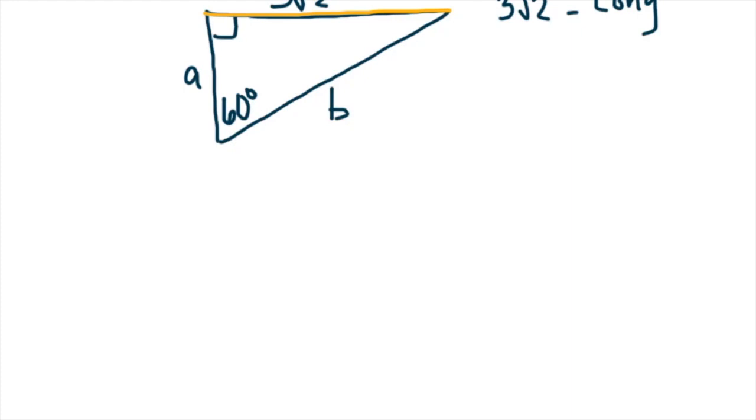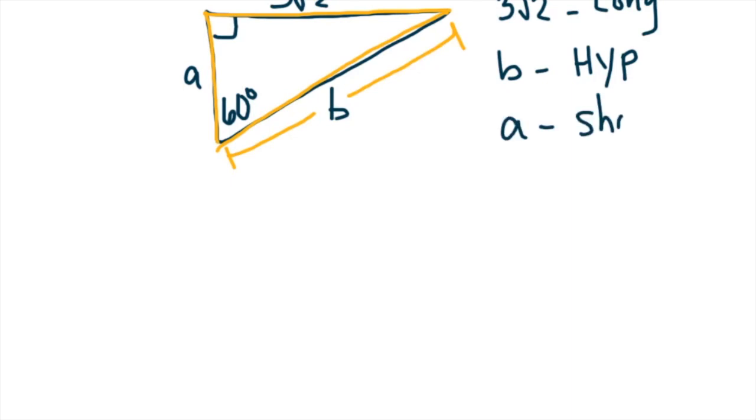I also know for a fact that B, the length that is labeled B, is the hypotenuse of this triangle because it is directly opposite the 90-degree angle. And lastly, that makes A the short leg of this right triangle.